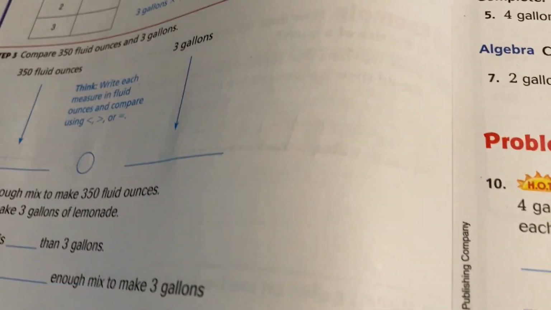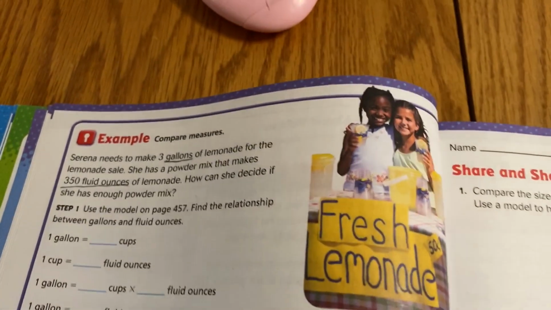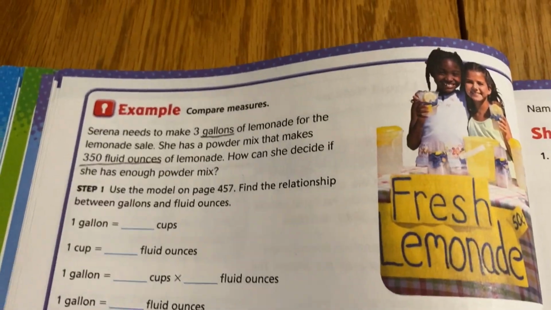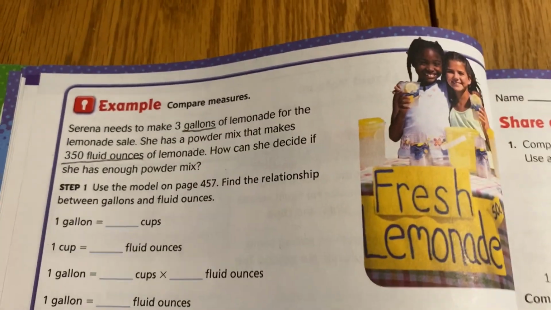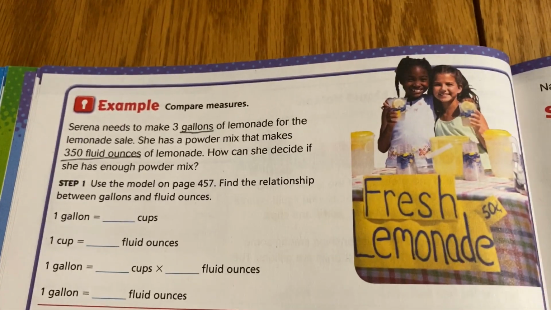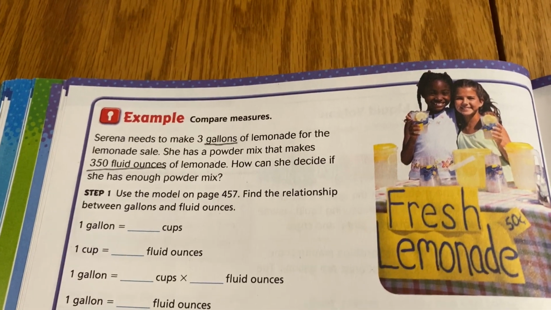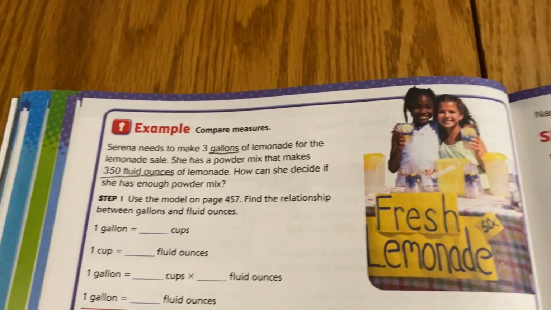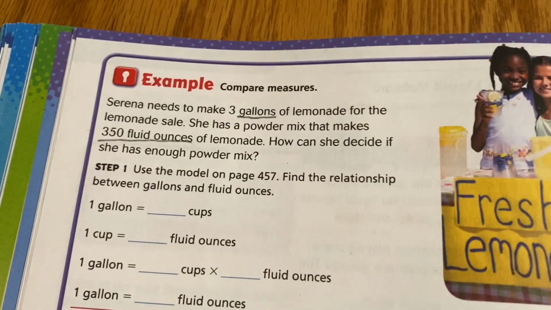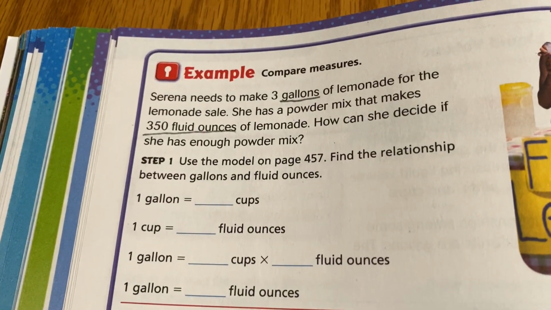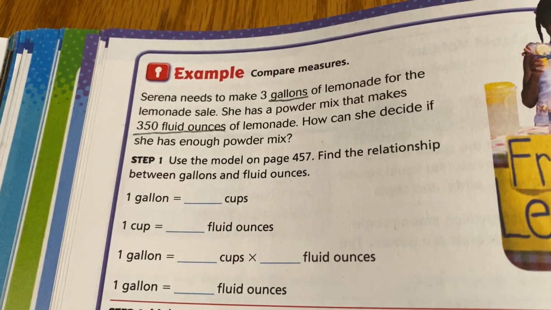Let's turn to 458. The next example is compare measures. Serena needs to make 3 gallons of lemonade for the lemonade sale. She has a powder mix that makes 350 fluid ounces of lemonade. How can she decide if she has enough powder mix?